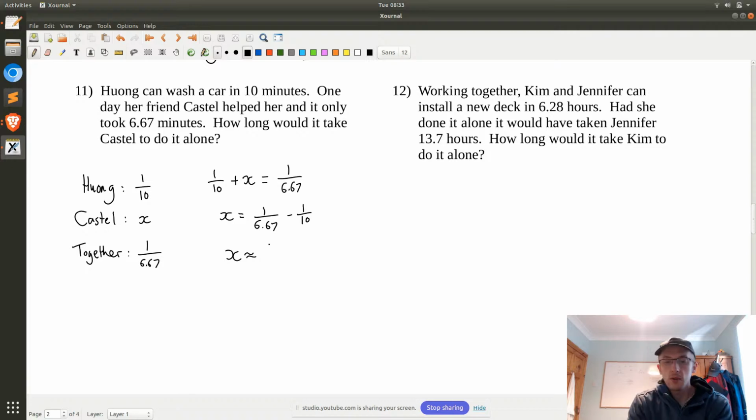We're going to get a big old rational number again, which I like. So we get this beauty, which is 333 over 6,670, and we flip it.